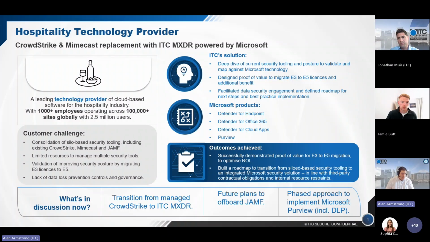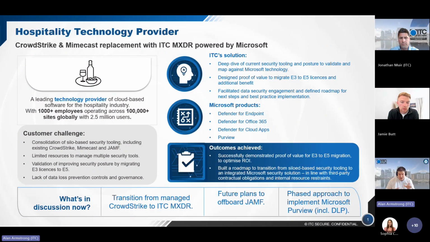But again, being able to test the migration and validate it all. The actual migration only took a month to migrate the 1,000 devices plus 100 servers, Linux and Windows. Being able to do that rapidly with reduced risk was key for them.